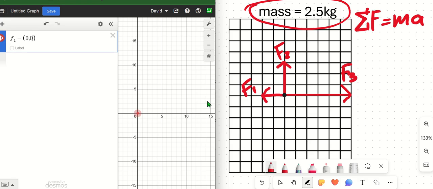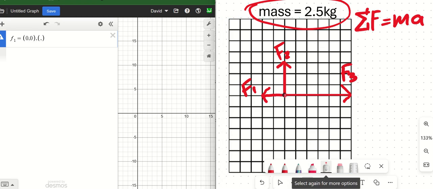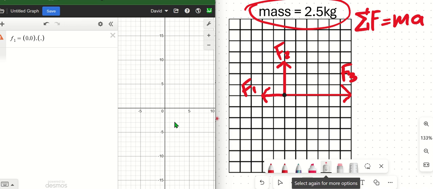And now what I want to do is I'm going to put the second point as my x and y coordinates for my vector. Like how much of this is in the x direction, how much is in the y direction. So if I'm looking at F1, I could see that I have 1, 2 units in the x direction, and it's pointing left. So that means it's going to be in the negative direction.